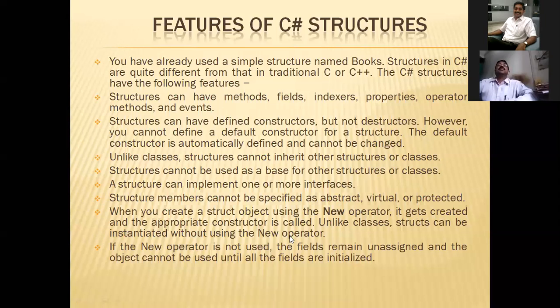But if we want to instantiate without it, the new operator need not be used. If the new operator is not used, the fields will remain unassigned and the object cannot be used until all fields are initialized. Okay.